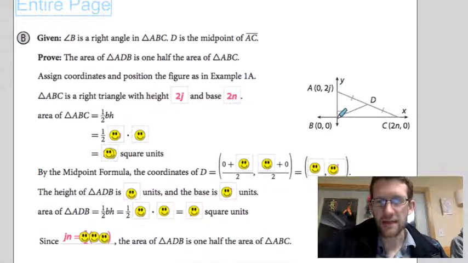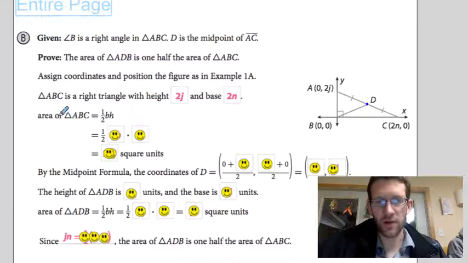So the length of AB we're going to say is 2J, and you'll see why in a second. Similarly, the length of BC we're going to put as 2N. The N is just a variable. The J is just a variable. The reason why we're doing two of whatever it is is because that makes the math really easy when we go to do a midpoint. So that'll just pop right out.